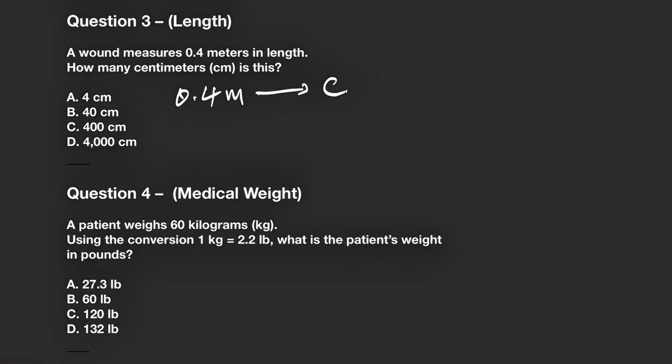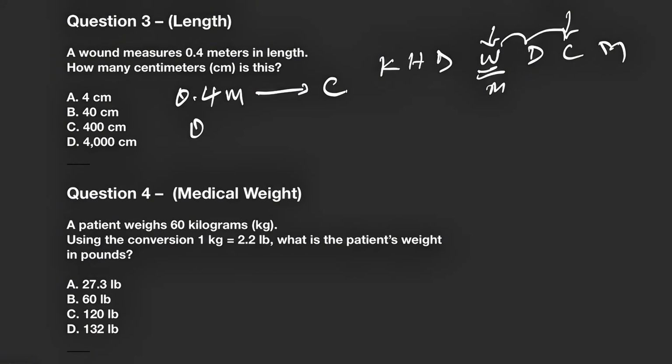Using our base unit, which is meters, we have decimeters and centimeters. So we are moving 1, 2 to the right, which is times 100. I'm just explaining. So 0.4 times 100 is equal to 40 centimeters. So the answer is going to be B.